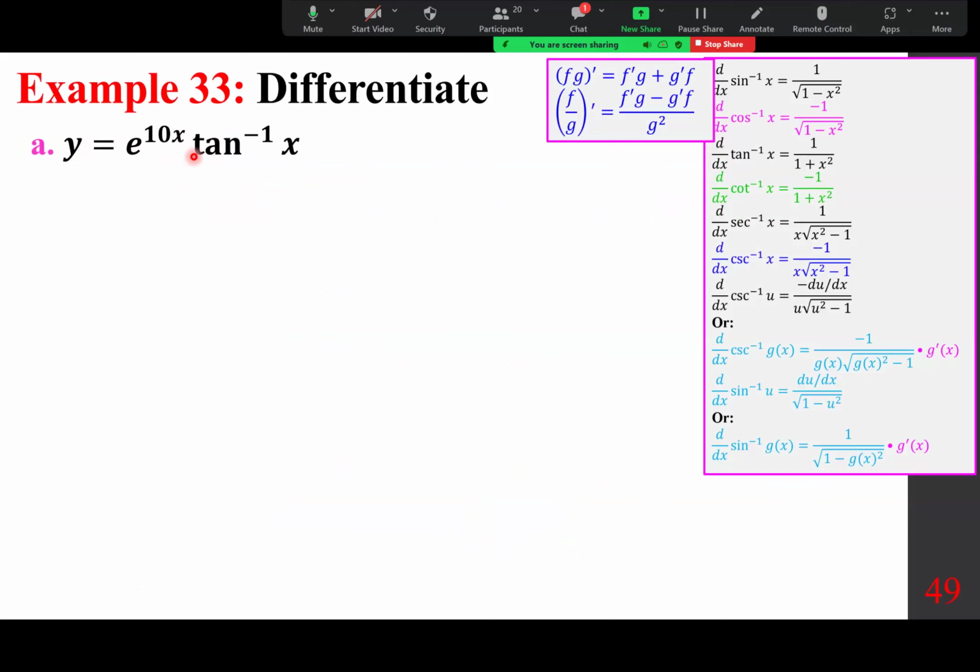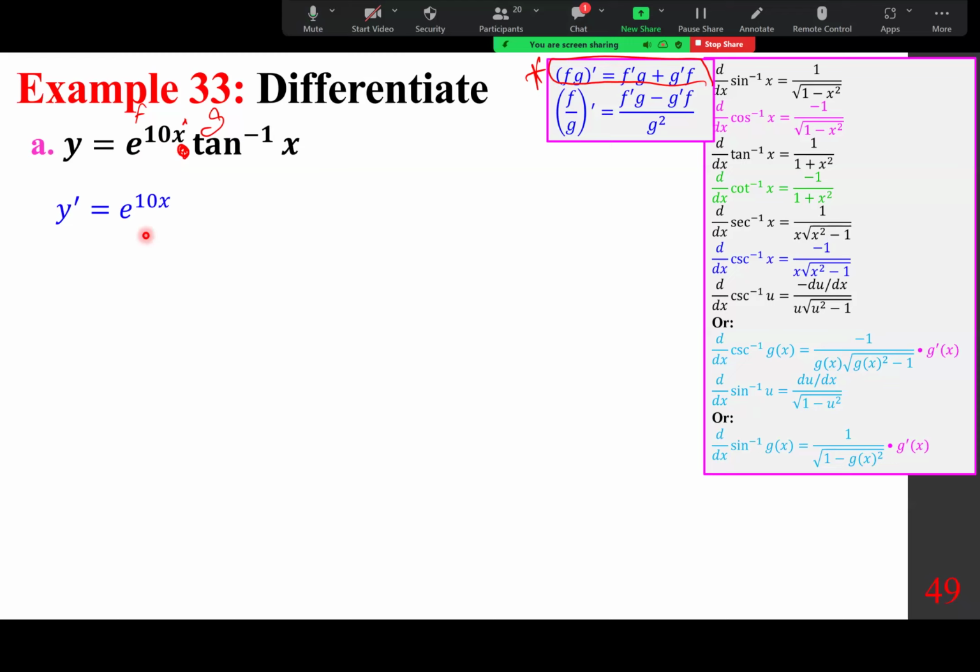So y equals e to the power of 10x times tan inverse of x, and we want to differentiate this, of course, using the product rule. So let's put a raised dot in between. It's the product of f and g that requires the product rule. So e to the power of 10x, the derivative is itself, e to the power of 10x, times 10.